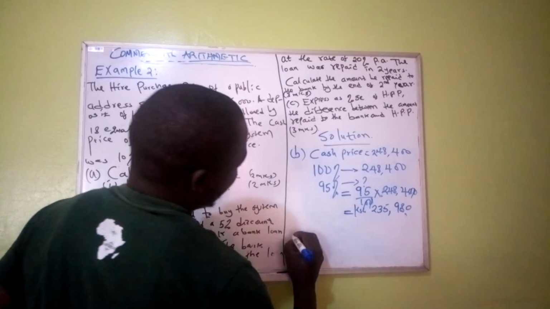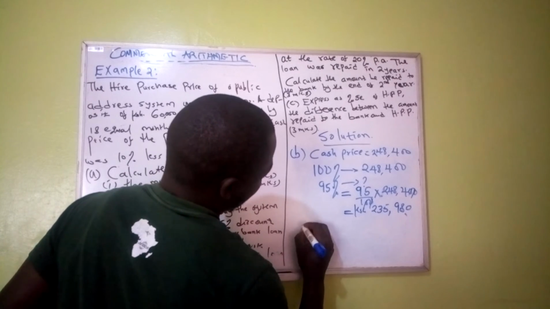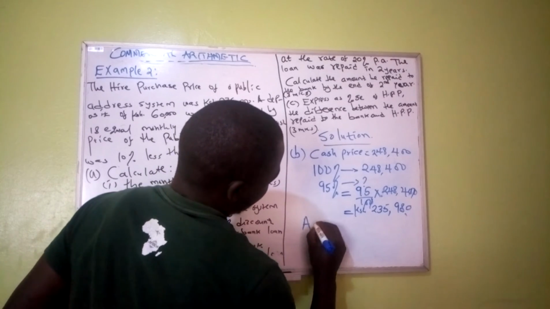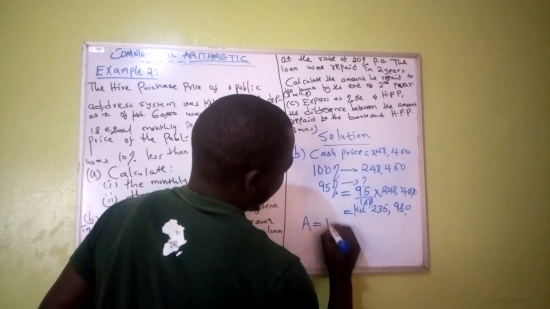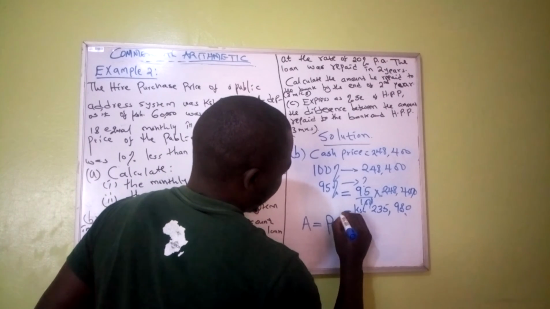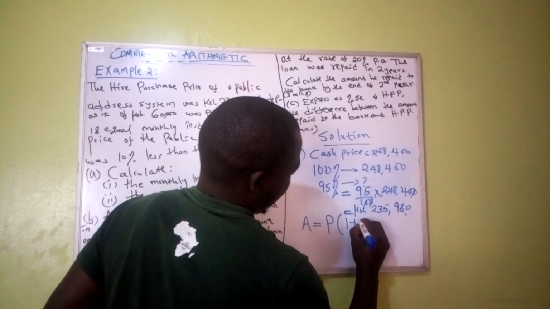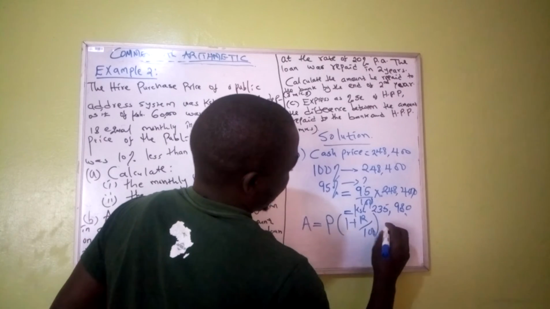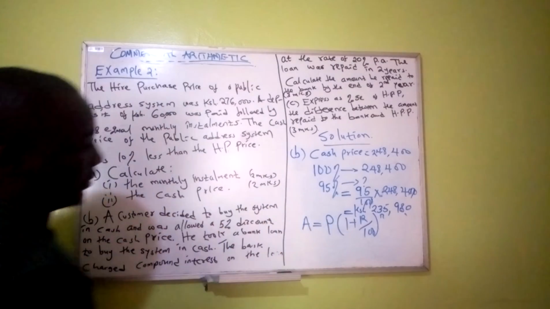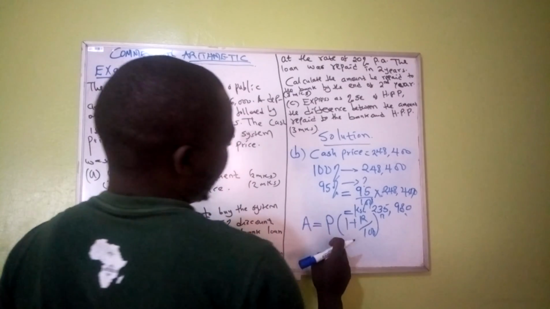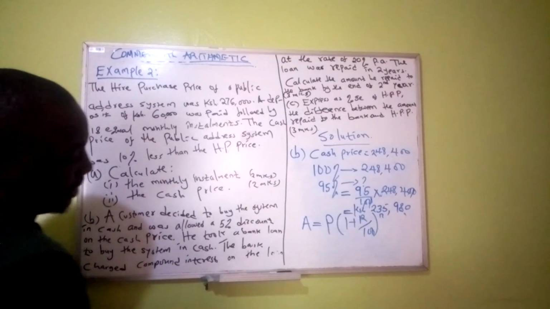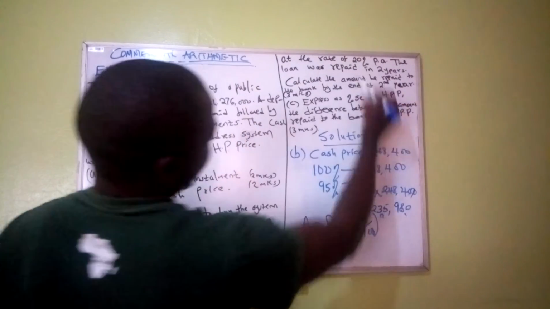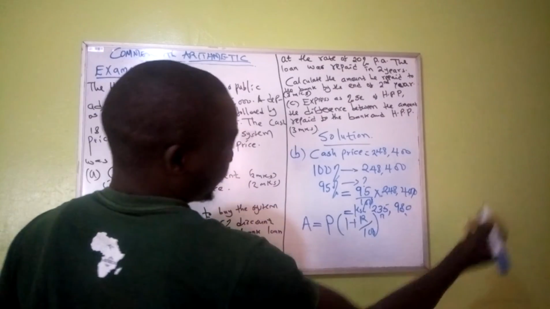Now this calls for the compound interest formula. That is, the amount is equal to principal times 1 plus rate over 100, raised to power n. We have the principal here, the rate is 20, and n is 2 years.